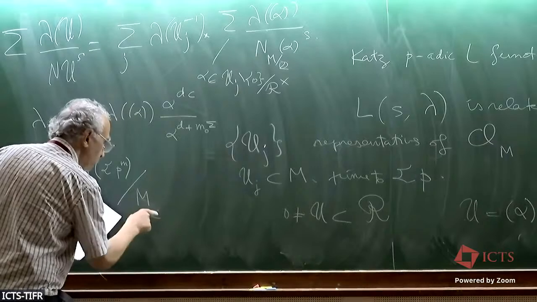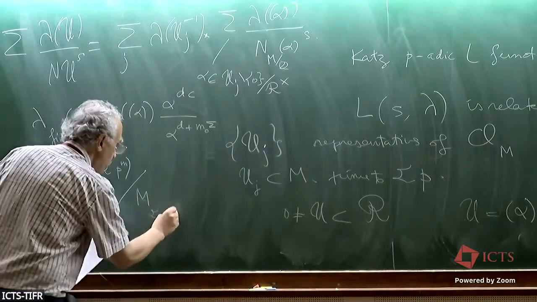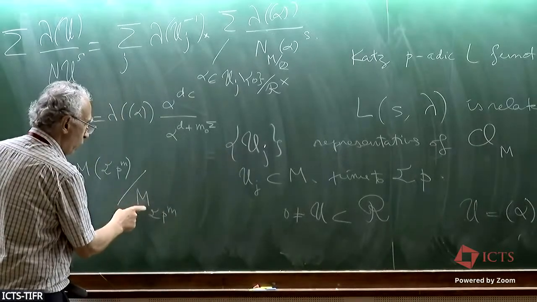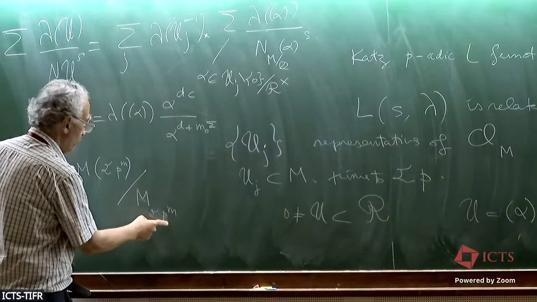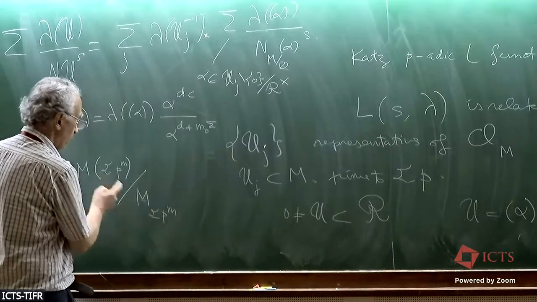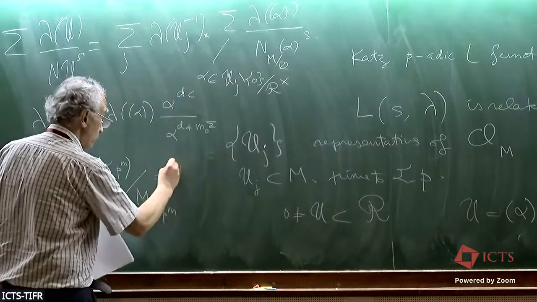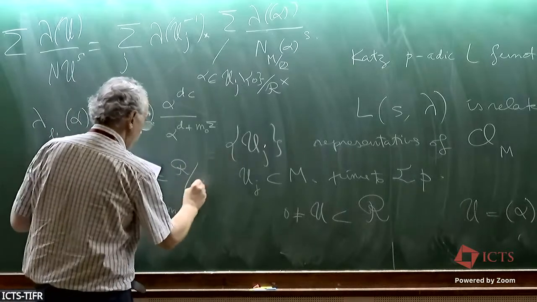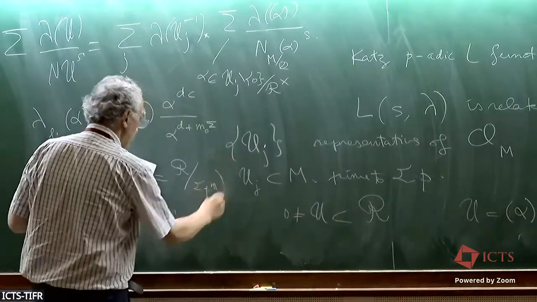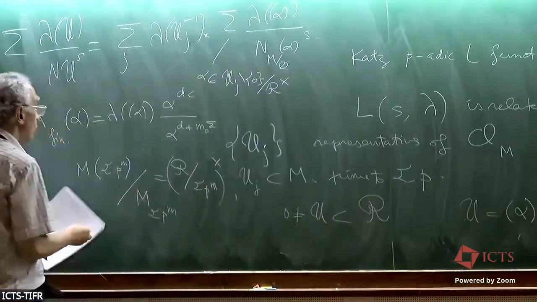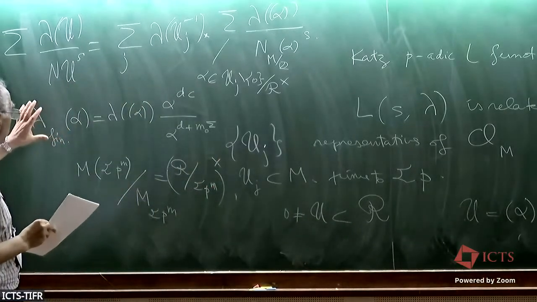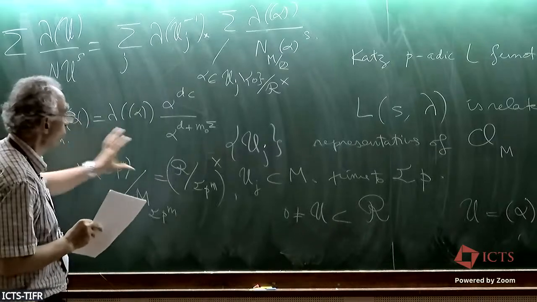This is completely different from before. This means the elements of M which are congruent to 1 modulo these things. And this is a finite group, okay? And this finite group is very simple. Basically, it is R over cp to the m cross. So this function becomes a function on a finite group.